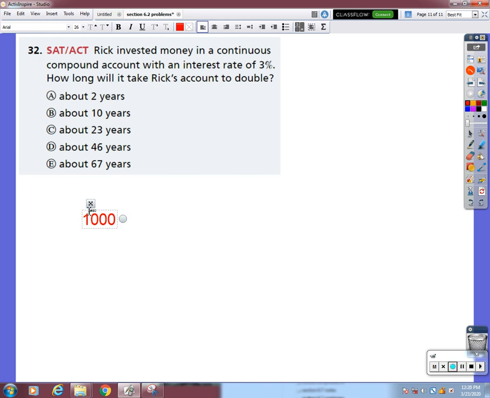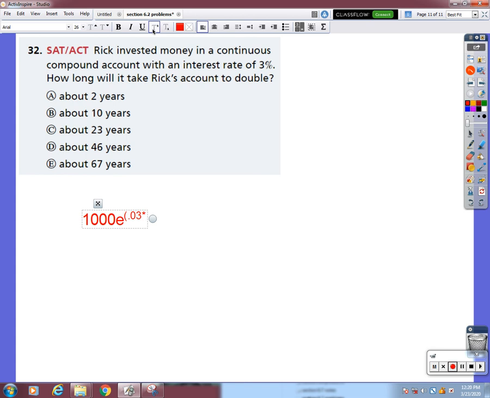Let's say $1,000. e to the parentheses 0.03 times, and then let's put in some of these different times and see which one works. And we're going to learn, like I think I mentioned last week, later in this chapter, how to figure this out without just doing a guess and check. But let's, for now, do it that way.